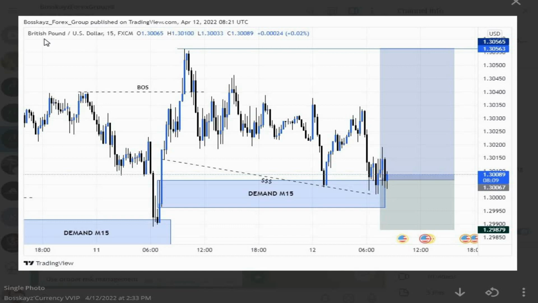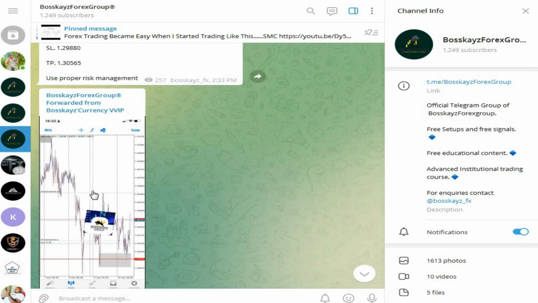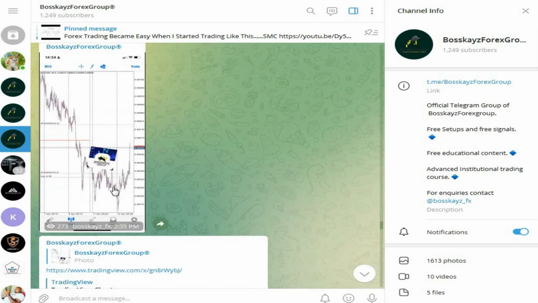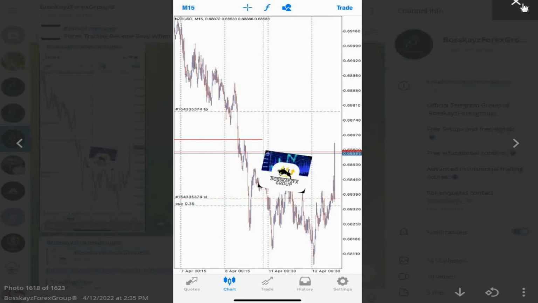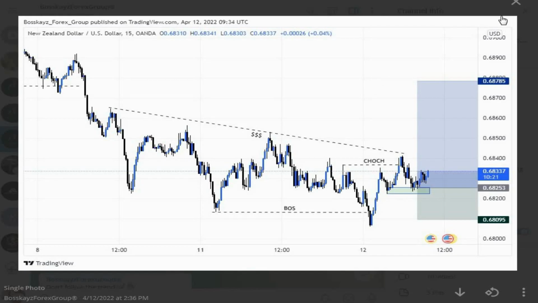And this is GBP/USD, and this was the buy entry which we were looking for, the signal which we sent in VIP. This is the trade, some of the trades here, guys. NZD/USD there, they set up before it happened.